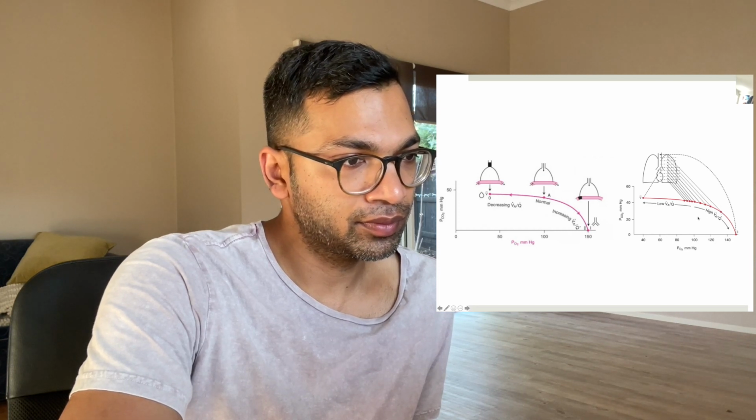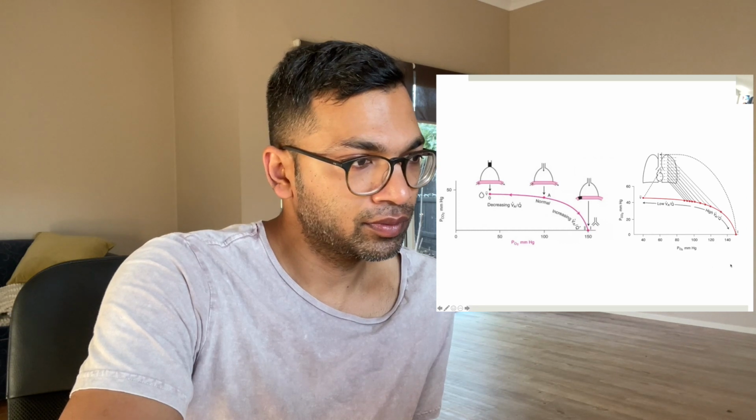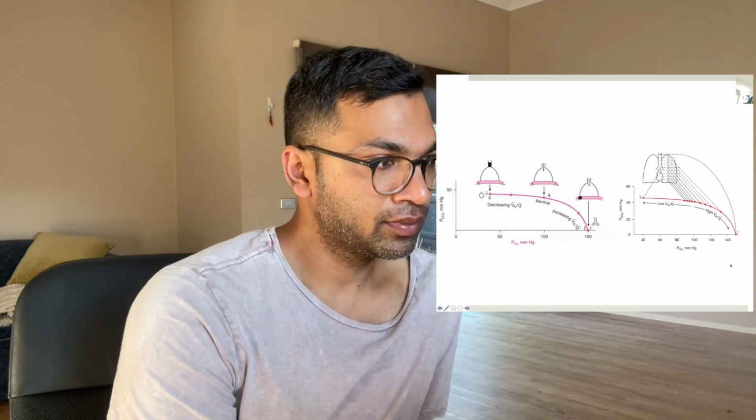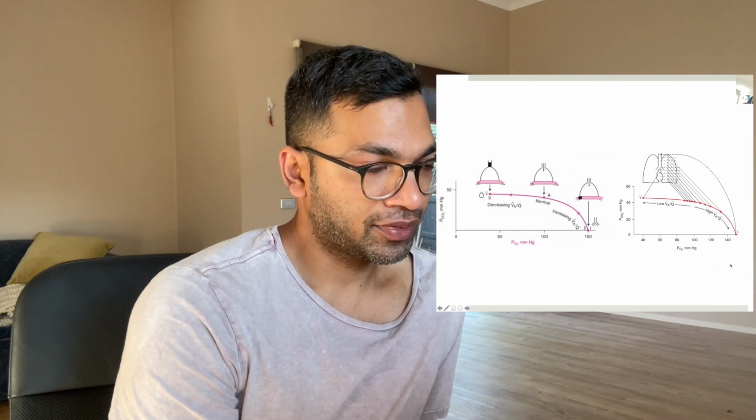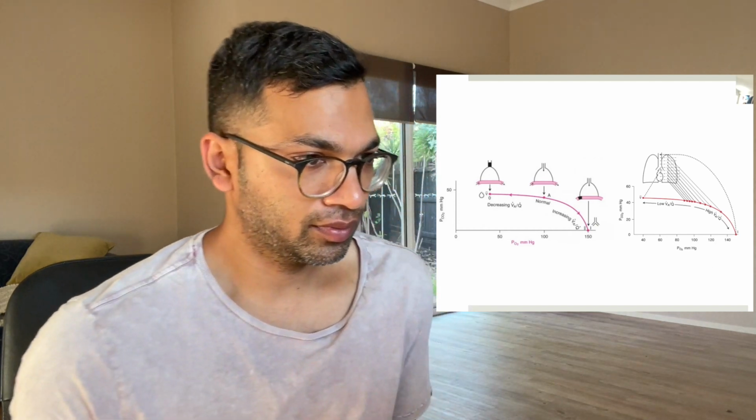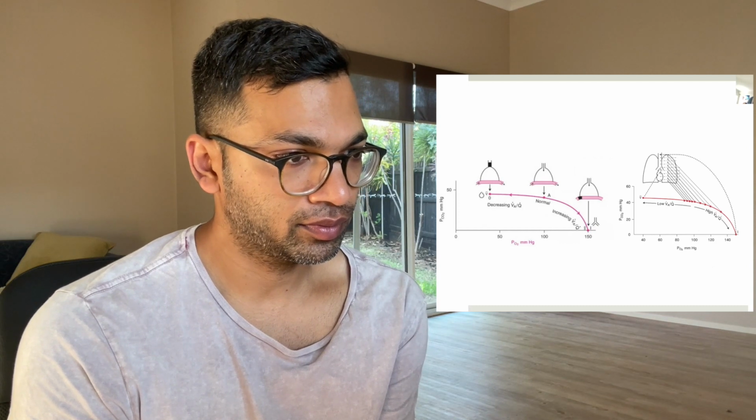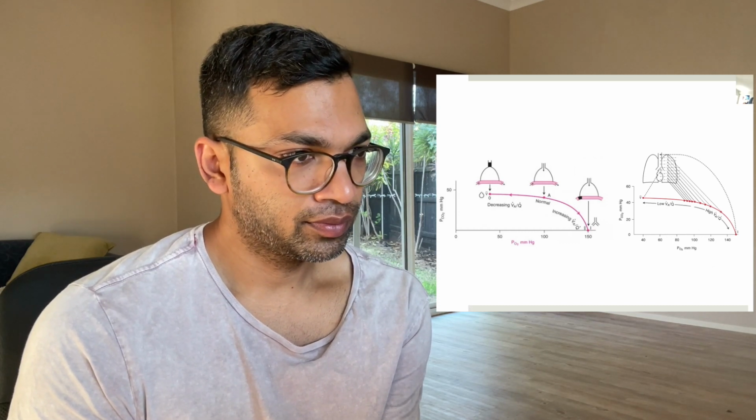The graph on the left is a repeat of the one from previous, where you have true shunt on the left side with a low PO2 and essentially mixed venous blood going into and out of the alveolus, and then you have dead space ventilation on the right.